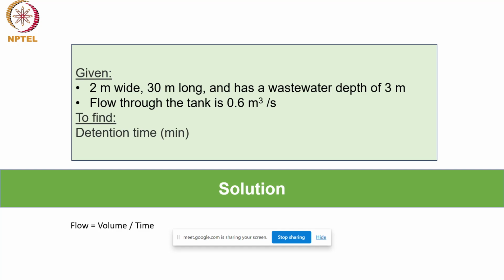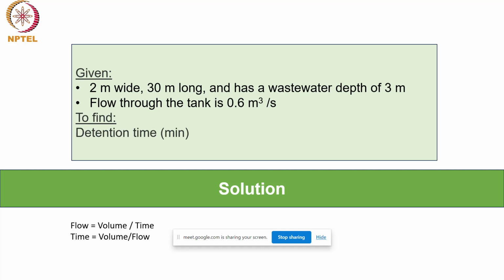Here the flow is given in meter cube per second, but we need detention time in minutes. We can find the volume by length into breadth into depth, since it is a rectangular tank.